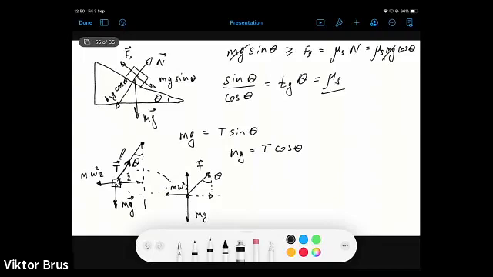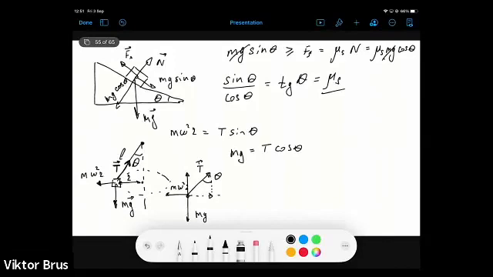Or actually, sorry, here it is not mg, it is m omega squared times r. So now we have these two equations which define the stationary condition for theta, that it doesn't change because mg is compensated and centrifugal force is compensated.